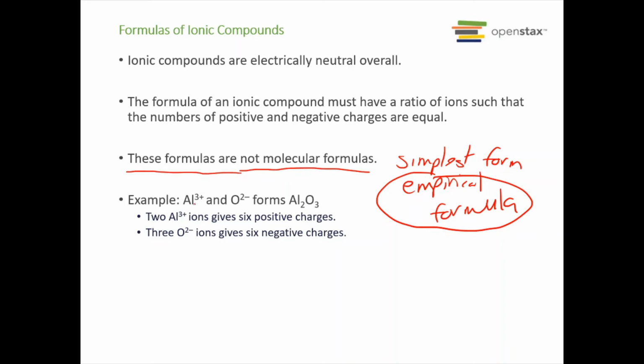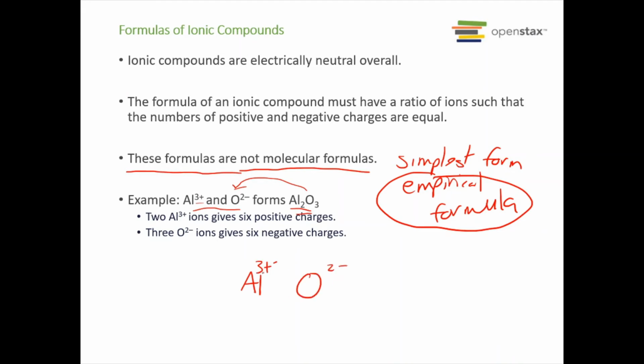So let's look at this example here, Al3+ and O2-. That's going to form Al2O3. If they were to give you this and ask you for this, or the other way around, you can do the crisscross method. Let me write it out so you can see it better. I have O2-.